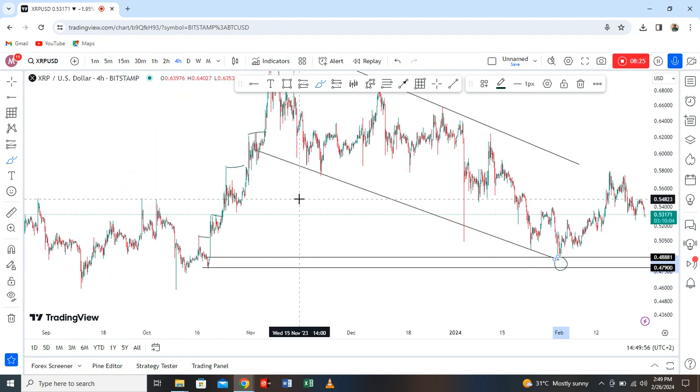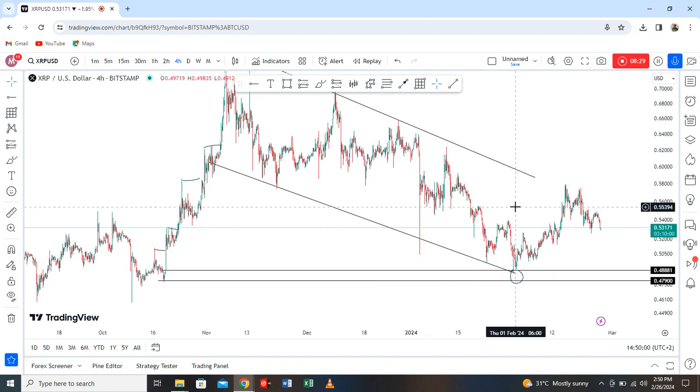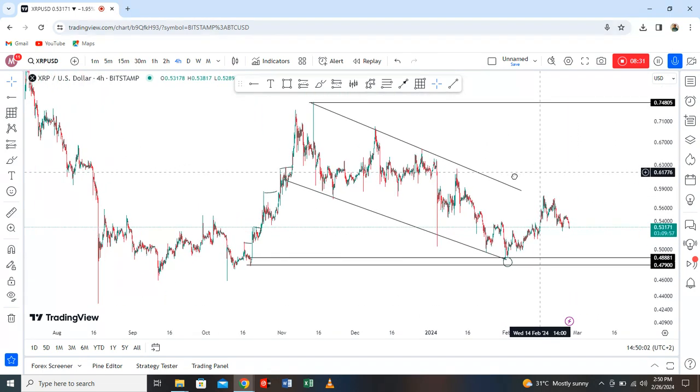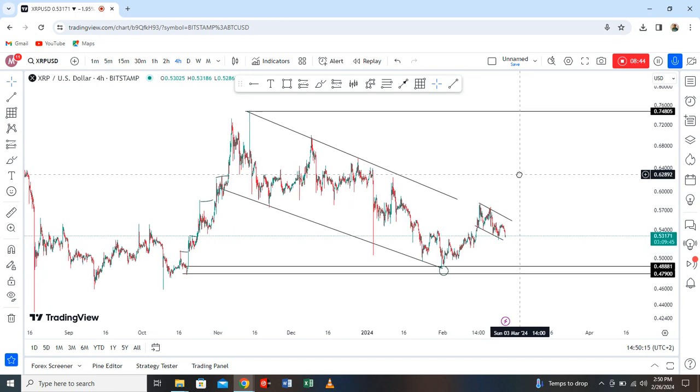But we were not involved in this trade when it came to mitigate this order block. So currently what I'm seeing, guys, is that the price is on our continuation phase.